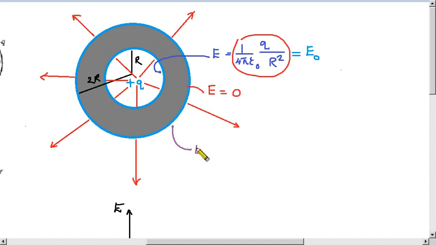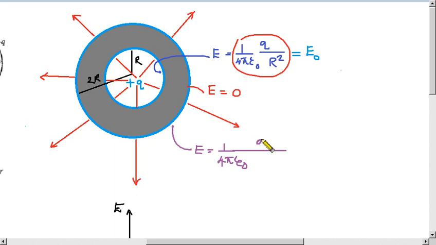So again let us calculate the field intensity E using this same equation, q divided by 4 pi epsilon naught. So q is this q, still this q, because only this q we have, forgetting the outer surface charge for a moment.